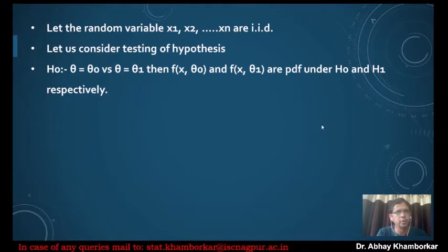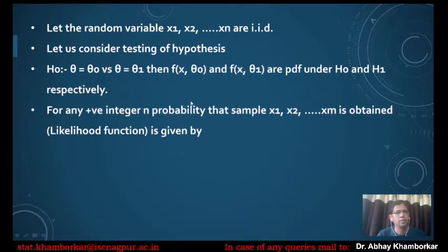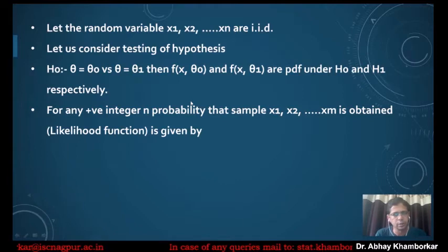Suppose the hypothesis is H0: theta equals theta0 against H1: theta equals theta1. Then f(x, theta0) and f(x, theta1) are the PDFs under H0 and H1 respectively. For any positive integer m, the probability that the sample x1 to xm is obtained is nothing but our likelihood function.